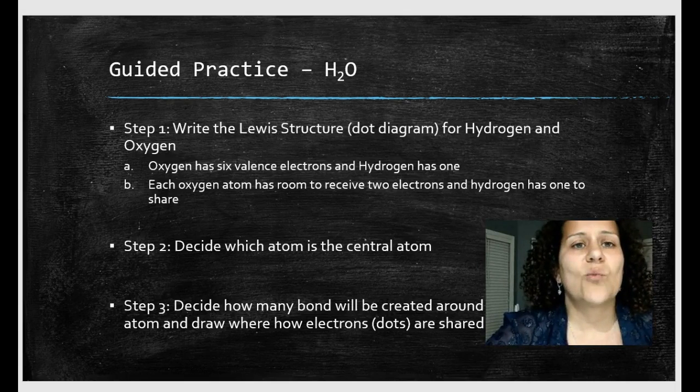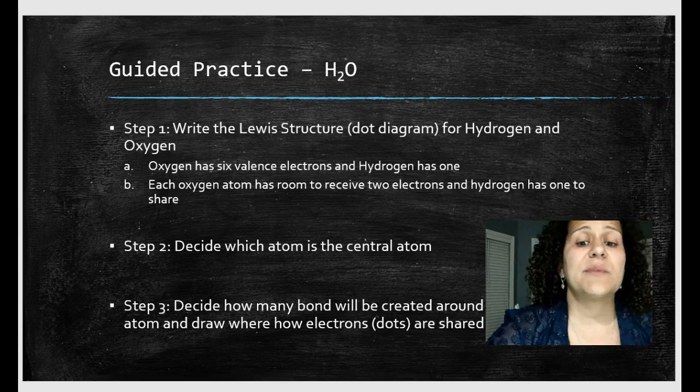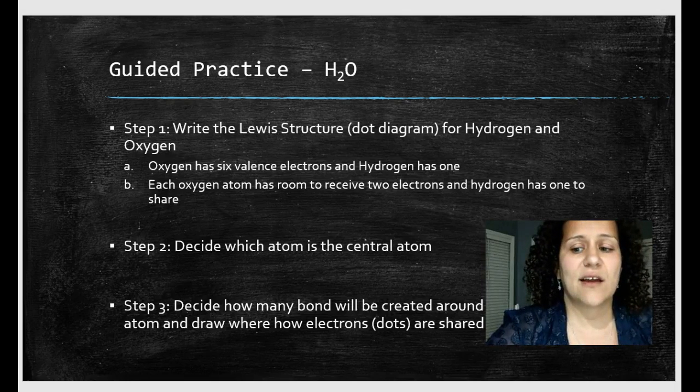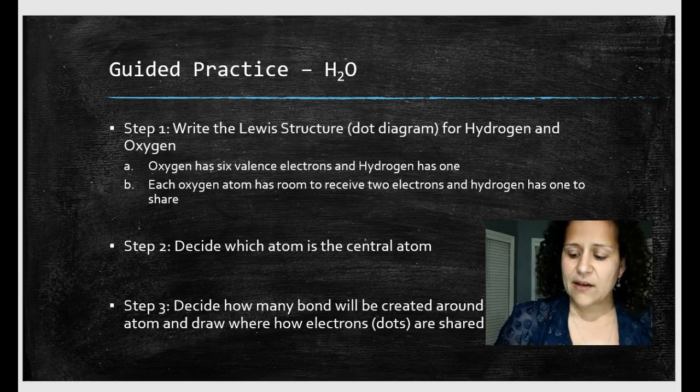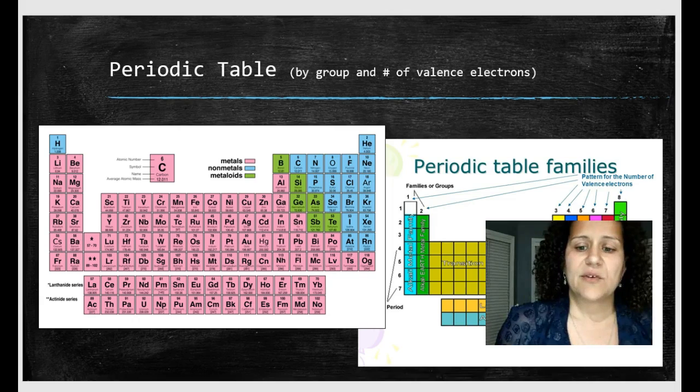All right, so a little bit of practice. If we take water, which we've learned about in a previous class, and we all love water, right? The first step is to write the Lewis structure, the dot diagram, for hydrogen and oxygen. Now, oxygen, according to our periodic table, has 6 valence electrons, and hydrogen has 1.